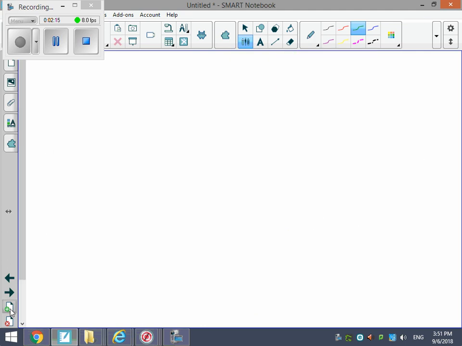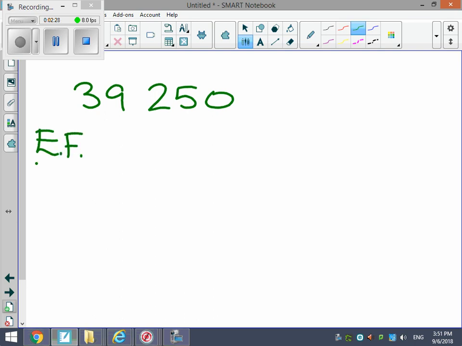So if we take the number 39,250, and we just want to do it in expanded form, I'm going to put EF. Remember, in expanded form, we just break these down into their simple units as place value. So going this way to review, that's our ones, tens, hundreds, thousands, and 10,000s columns.